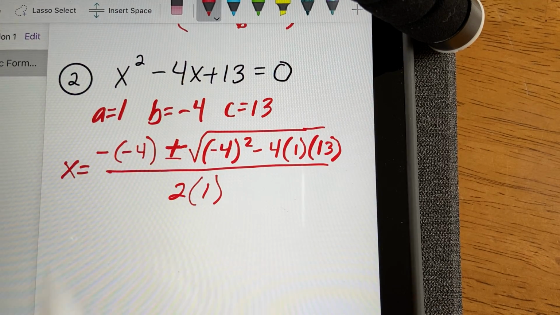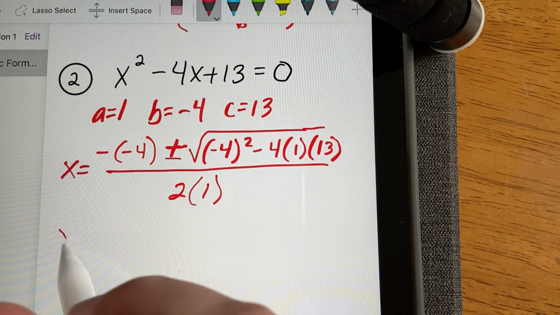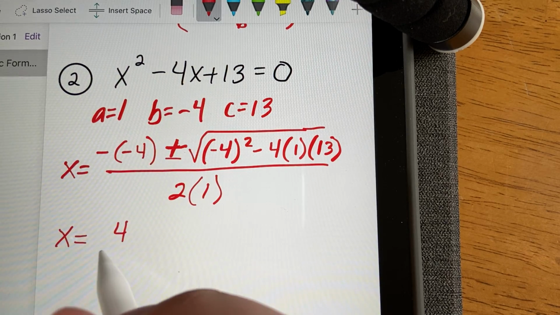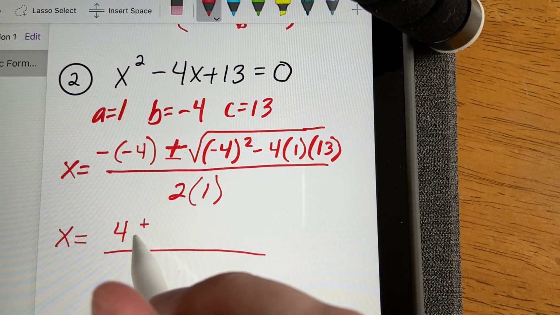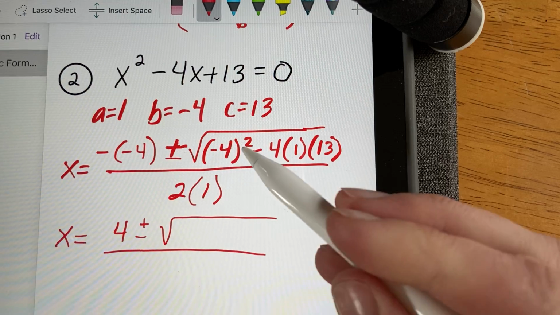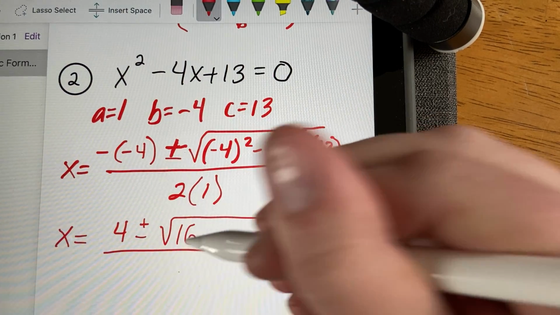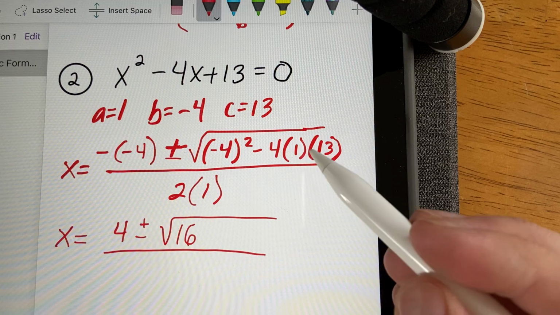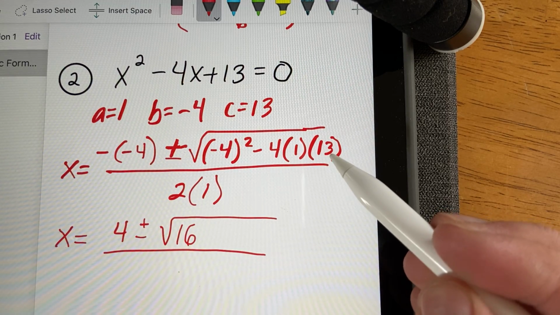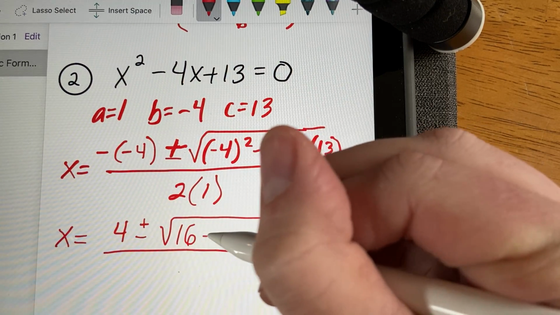Okay, so the double negative 4, that makes that positive 4, plus or minus the square root of negative 4 squared. Remember, a negative squared is going to equal a positive, because that's negative 4 times negative 4, which is 16. Then we have negative 4 times 1 times 13, which is negative 52.